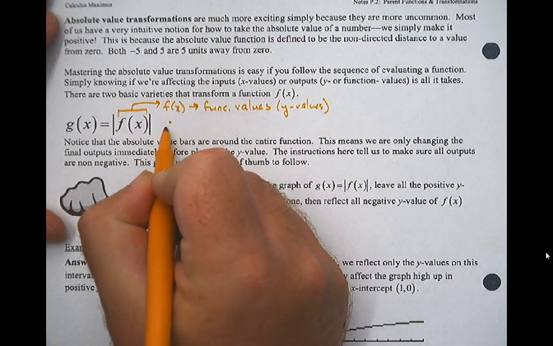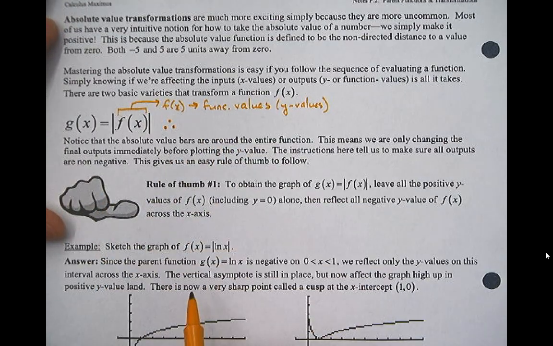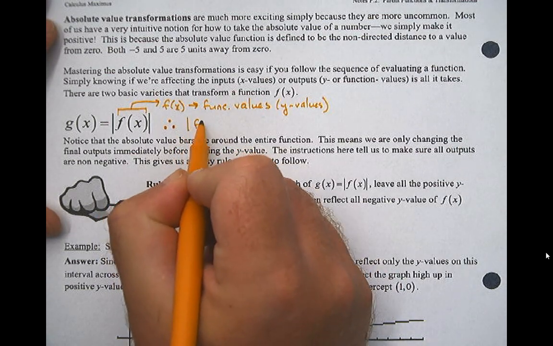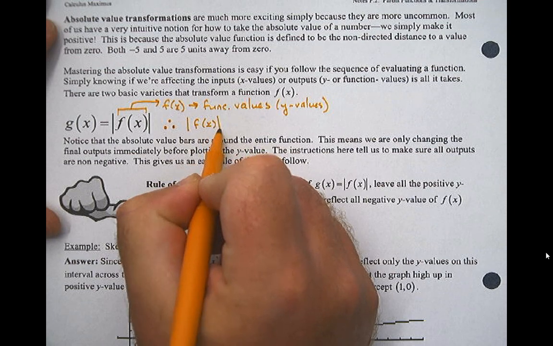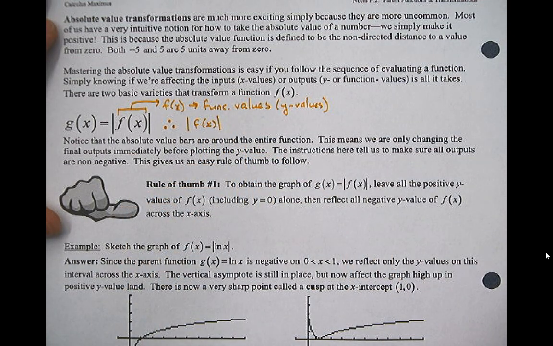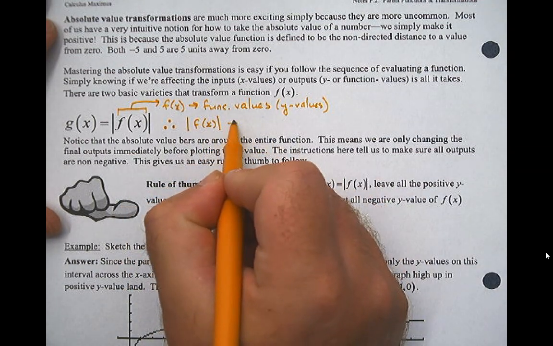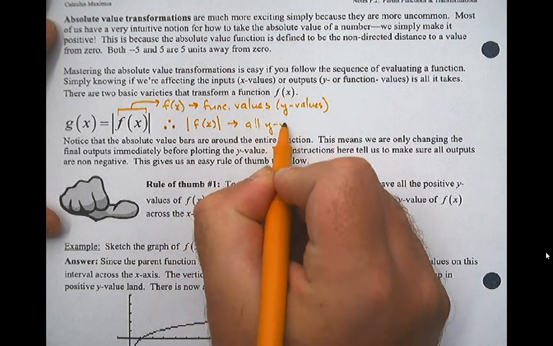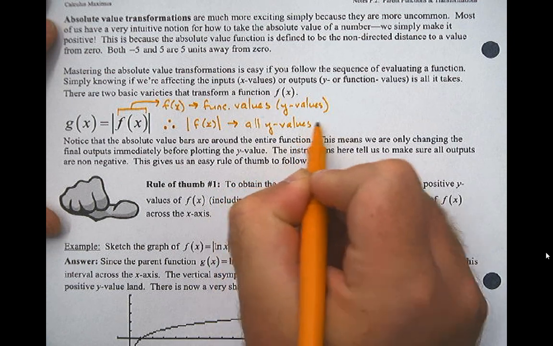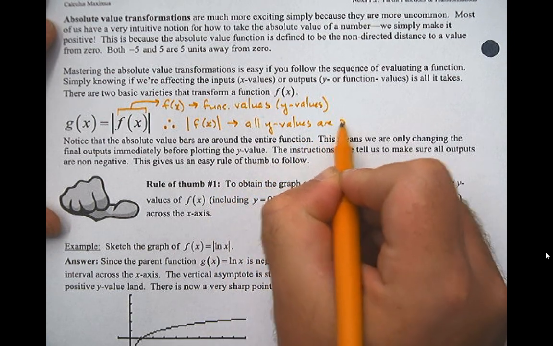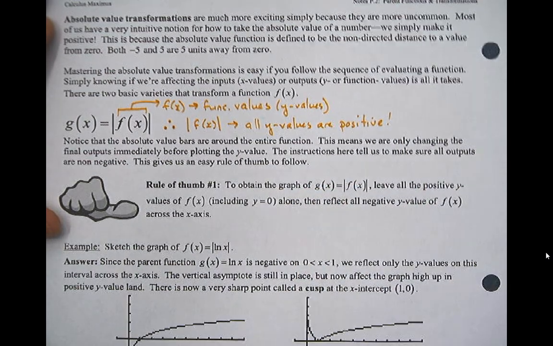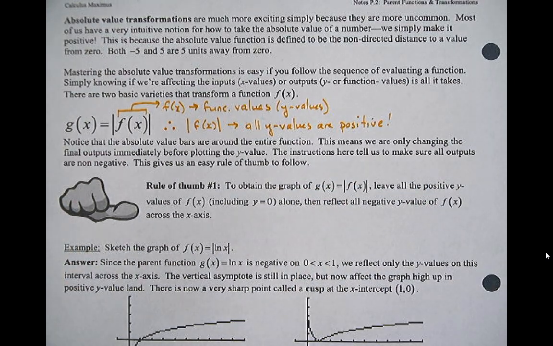Therefore, remember this from your geometry days, those 3 dots as in a triangle mean therefore. Therefore, absolute f of x is going to do what to all of your y values? Absolute f of x means all y values are positive. I should be a little picky. Remember, if it's 0, the absolute value of 0 is 0, which is technically not positive.